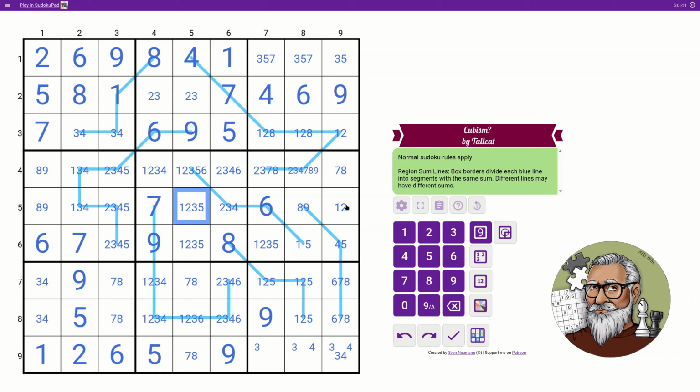Right. 7, 8. No, that's not. I got distracted by the storm outside. Where was I? Just looking at this. There was a 6 here. Okay, we got the 6.